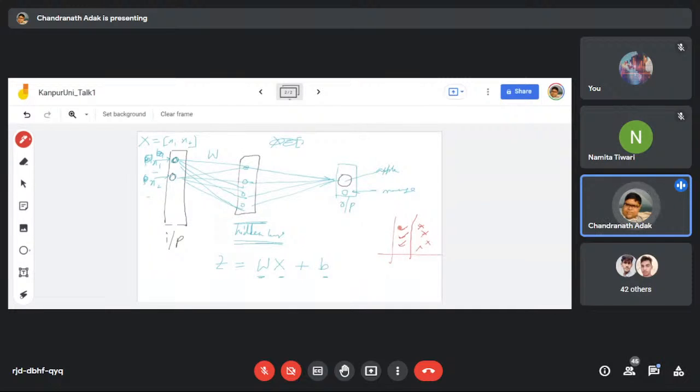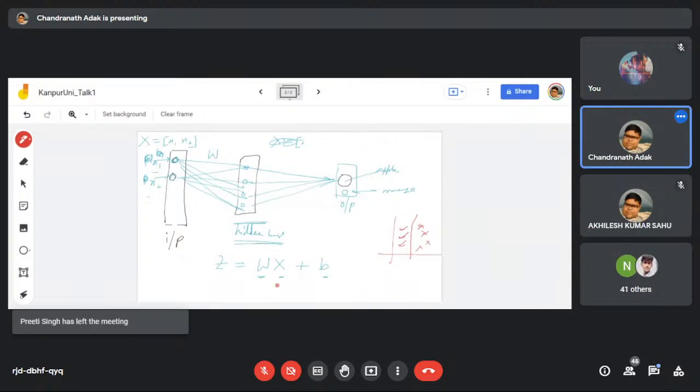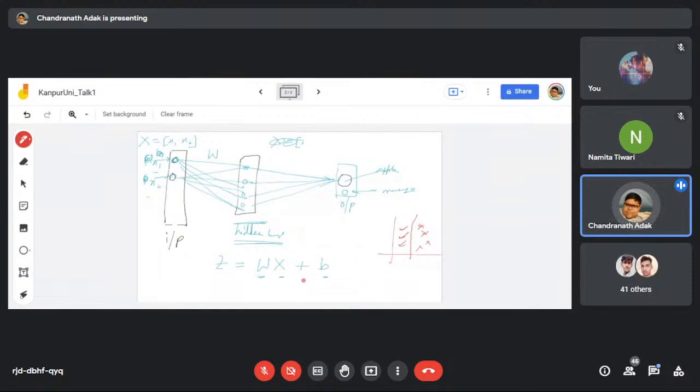But in a higher dimension, or if we have multiple classes, it may not be possible to distinguish those classes using a linear separation boundary. So for that we add a non-linear activation function. So here we will do g of z.